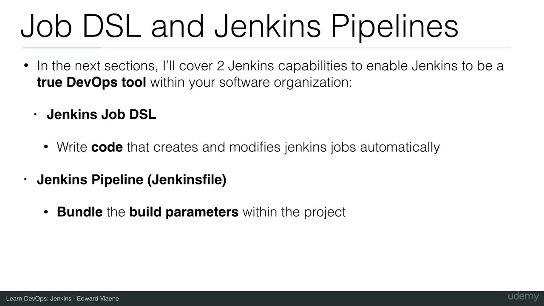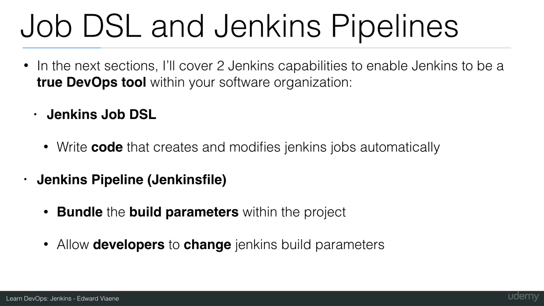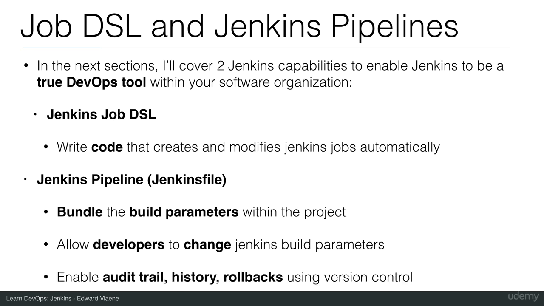It's used to bundle the build parameters within the project. So the npm install, the npm clean, docker build, docker publish I was talking about, those are the build parameters, the build instructions that you can bundle within the project in a Jenkins file. This will allow developers to change Jenkins build parameters themselves, and it enables audit trail, history, rollbacks using version control.